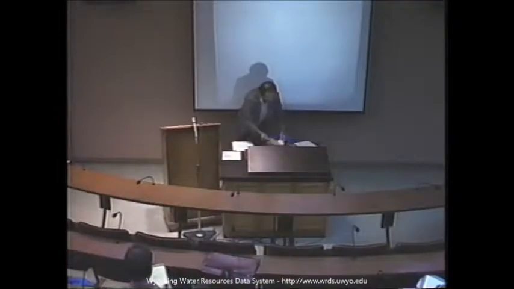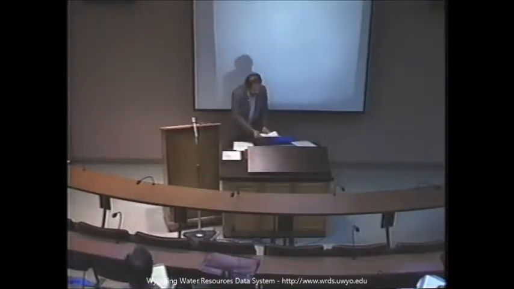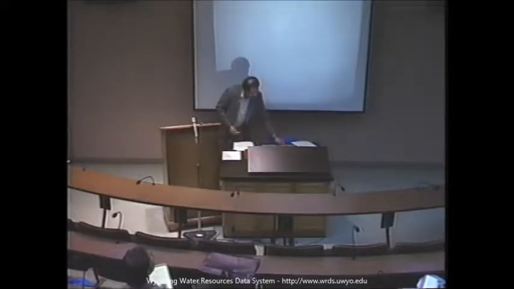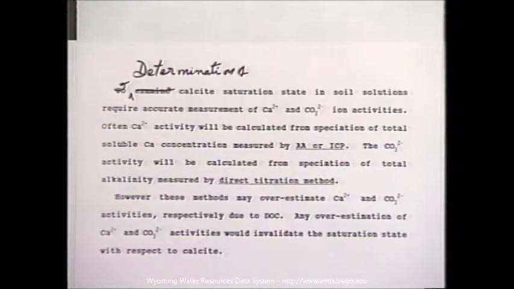Let's examine what we need to measure in order to examine the calcite saturation state, that means equilibrium, in soil solutions. Determining calcite saturation state requires accurate measurement of calcium and carbonate ion activities.